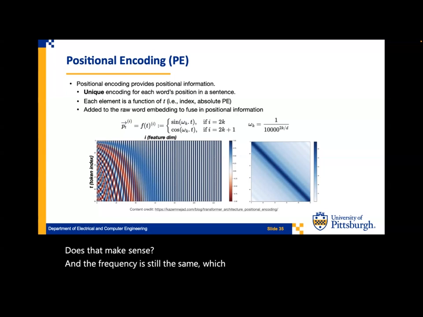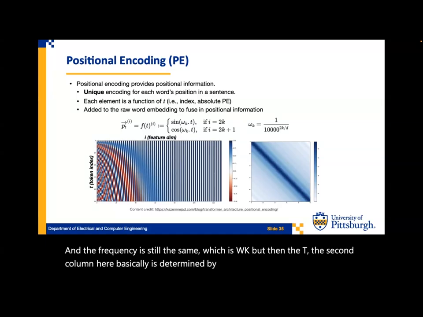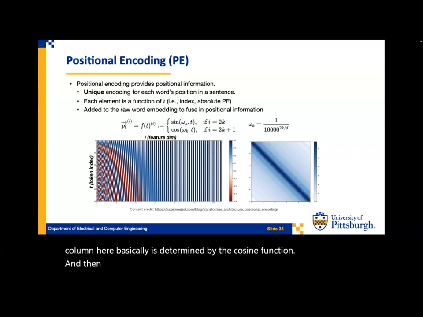Then the t, the second column here, is determined by the cosine function. Okay? And then look at the third column, 0, 1, 2. Does that make sense?